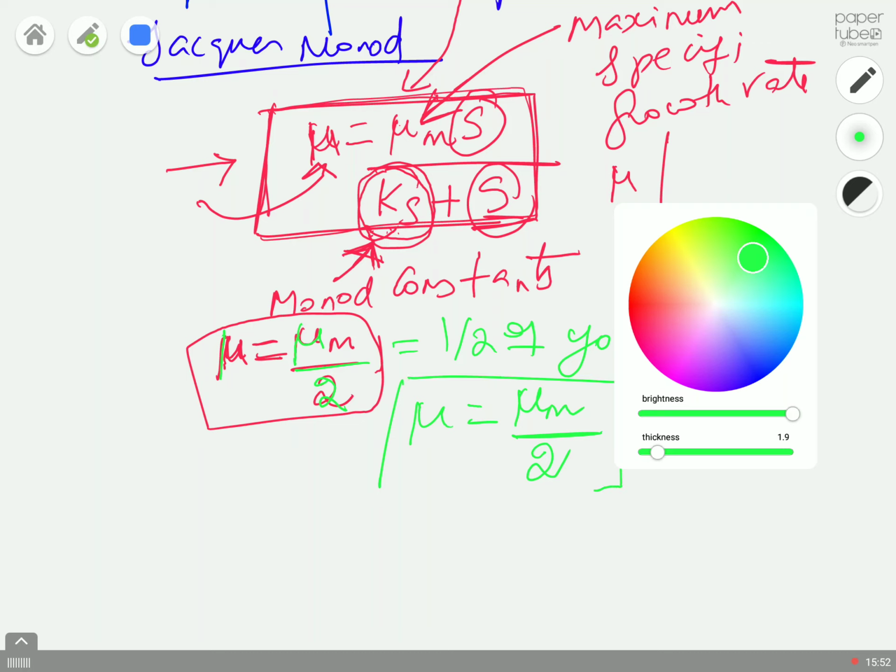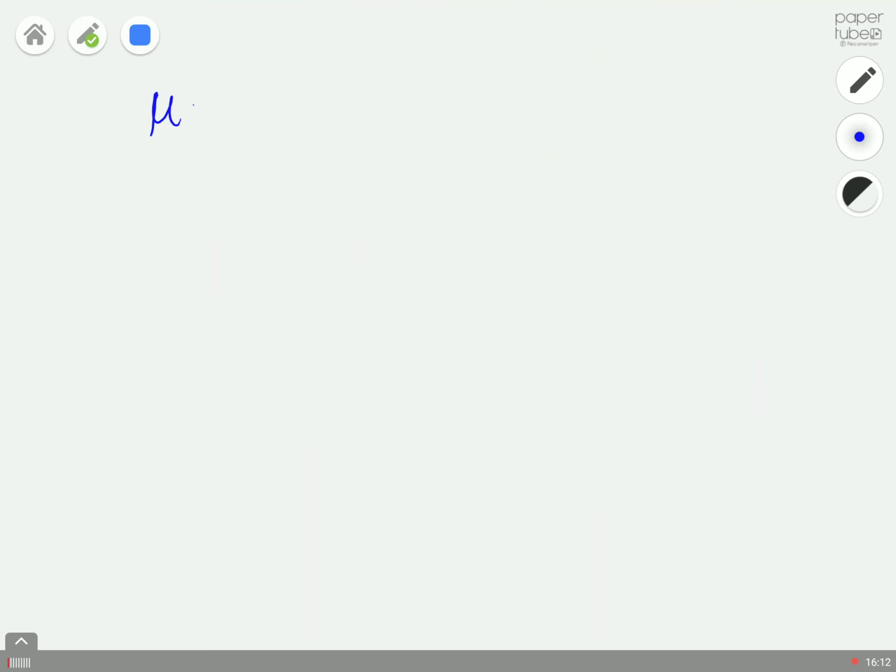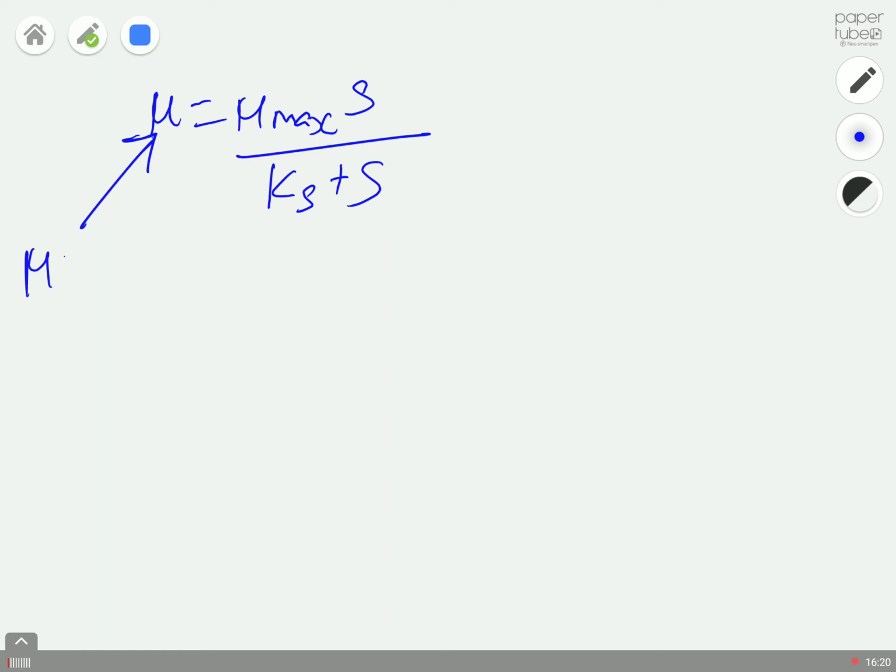Let's call this equation number 2, and the Monod expression equation 1. So we are going to substitute equation 2 in equation 1. Mu is equal to mu max S over Ks plus S. So we are going to replace mu with the maximum specific growth rate by 2.